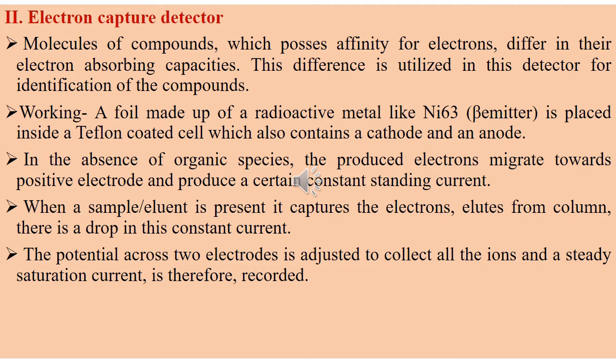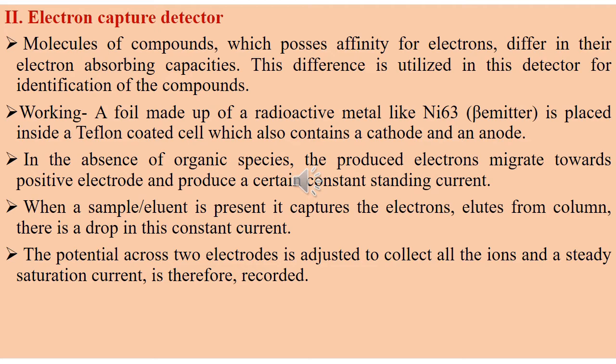Working of the electron capture detector: a foil made up of a radioactive metal like Ni63, which is a beta emitter, is placed inside a Teflon coated cell which also contains a cathode and an anode.